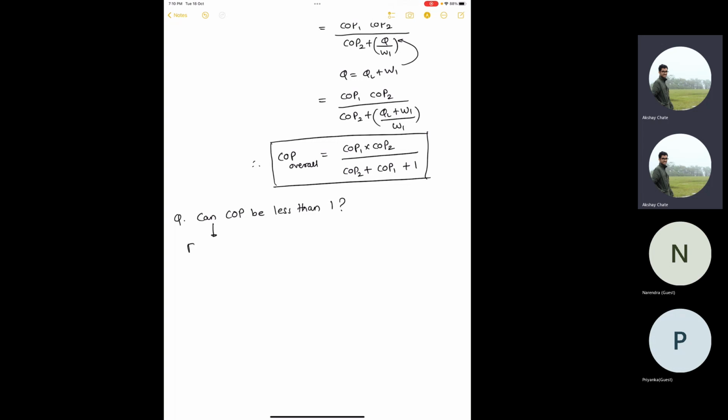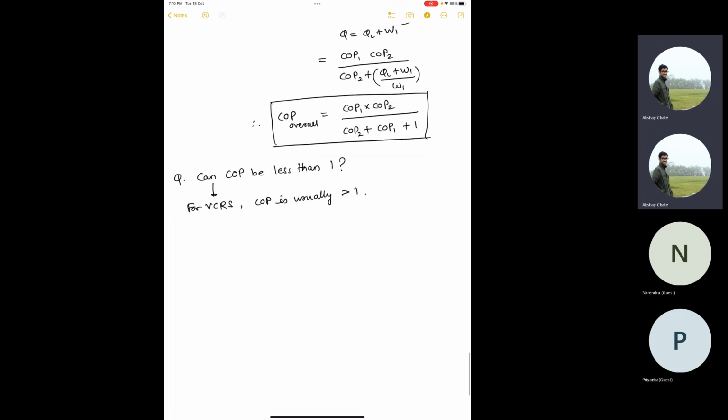The answer is, for VCRS, COP is usually greater than 1, but for VARS, COP is usually less than 1. VARS is vapour absorption refrigeration. This is not taught to you, so don't worry about what this is. You may learn about this in your refrigeration course in future. But the only takeaway from this argument is that COP can be less than 1.